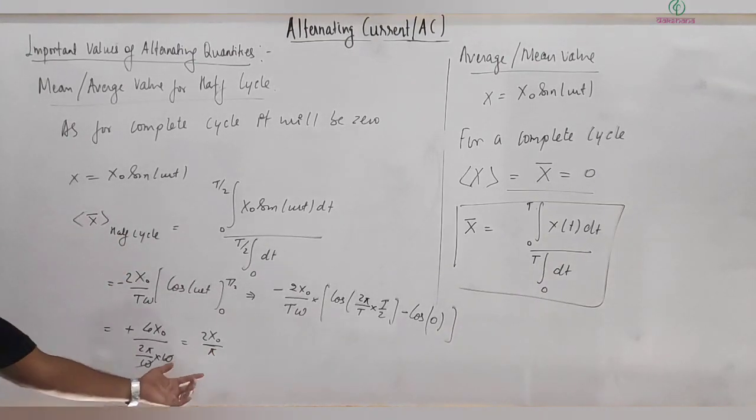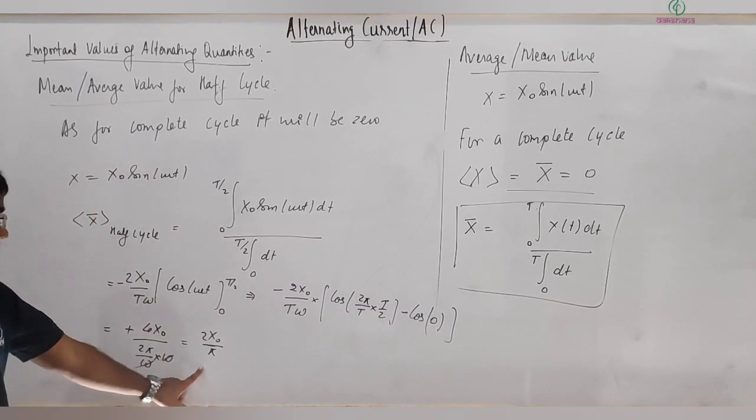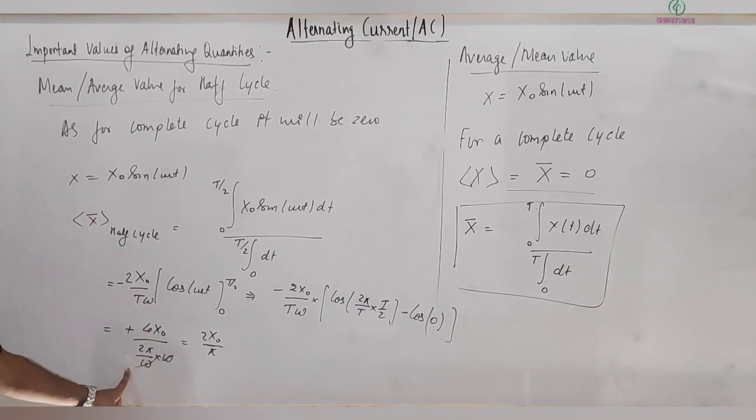So this is the average value of this quantity over half cycle, that is 2 x naught divided by pi.